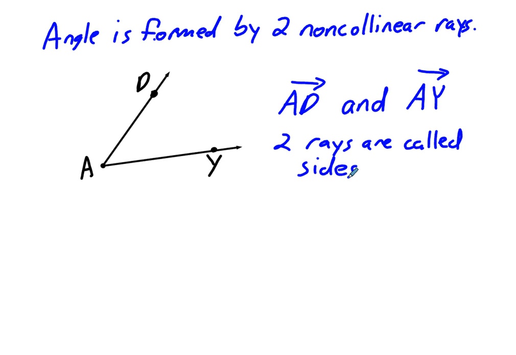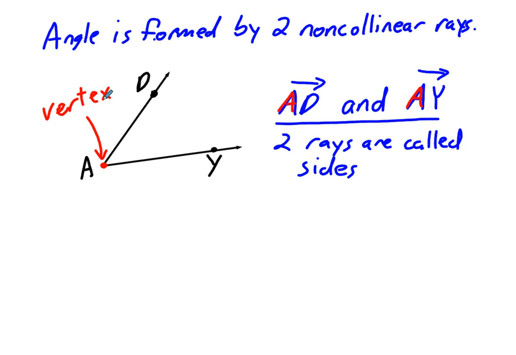If you look, both of those rays start at the point A, so they both have the same starting point, the same endpoint. That point that's common to both sides is called the vertex.